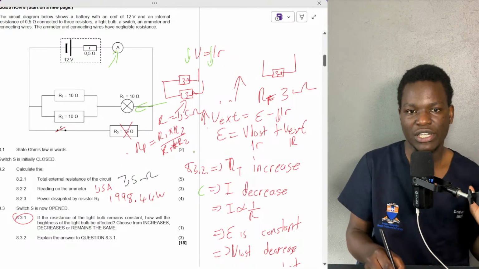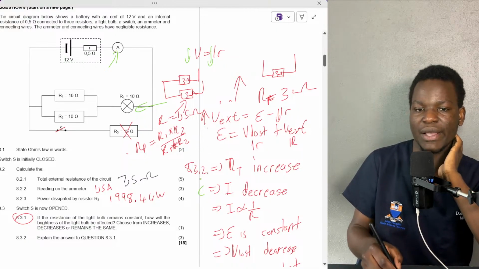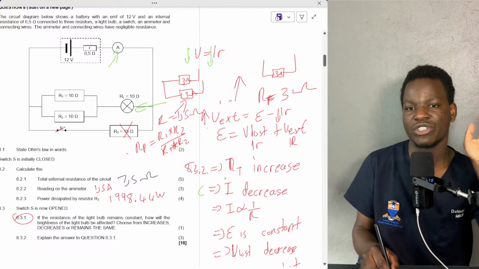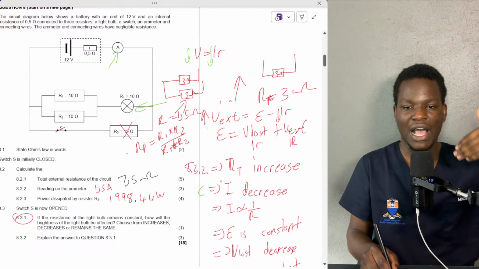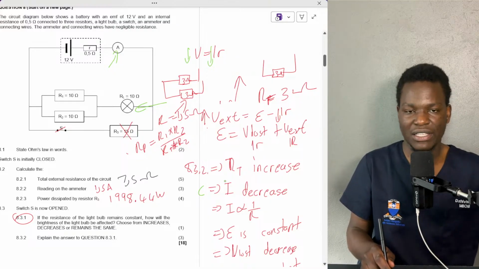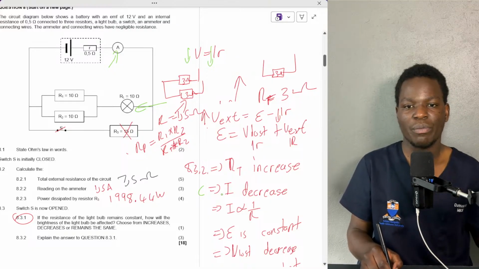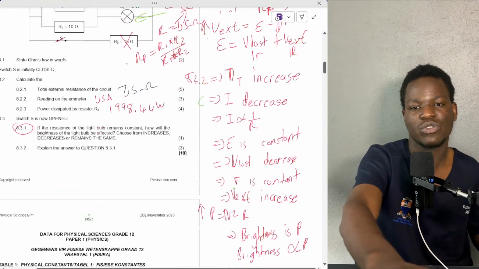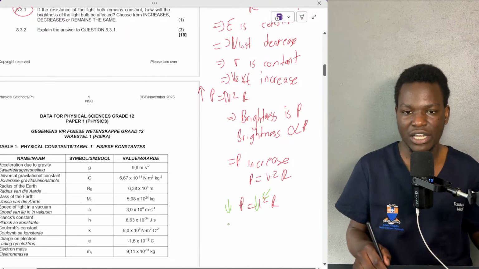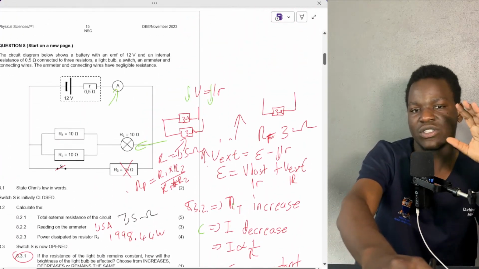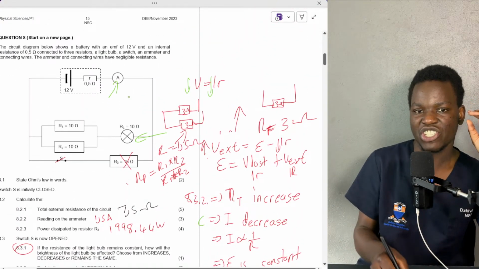That's why we are not supposed to conclude from this step that because total resistance has increased after removing a resistance in parallel, and now the total current has decreased, current decreases, so power will also decrease. That's not how we do it, because this measures the total current.